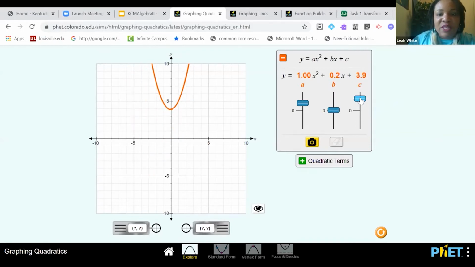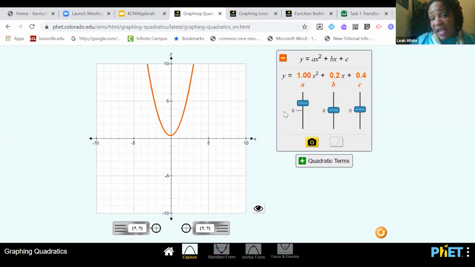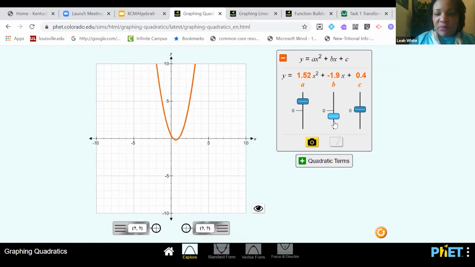What happens when the c value changes? And so, oh, something about this value shifts the graph. And so the idea is for them to, it's not necessarily a math game, but it's a dynamic simulation that can help them develop that contextual understanding when making generalizations about functions.